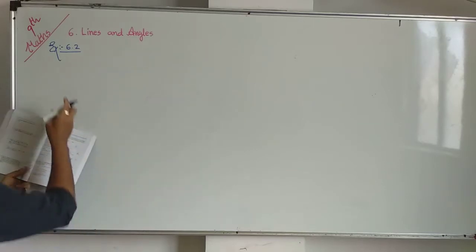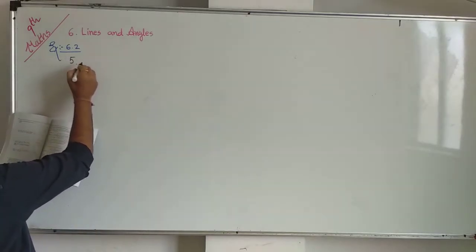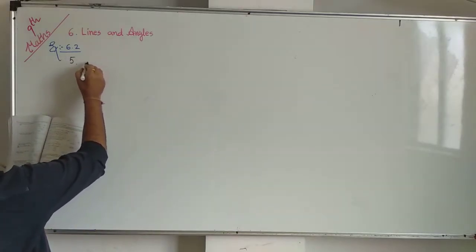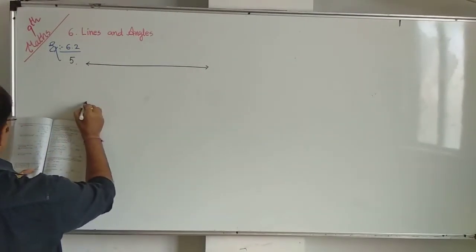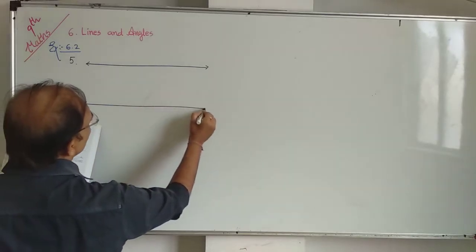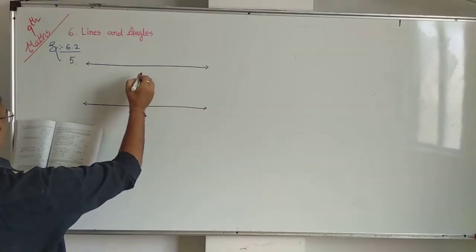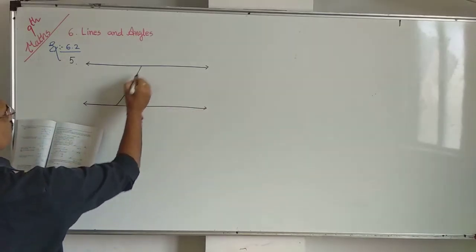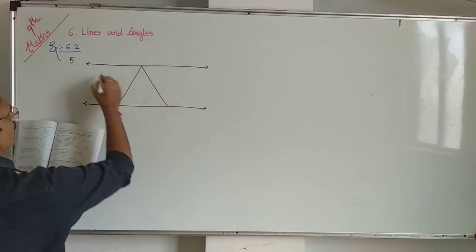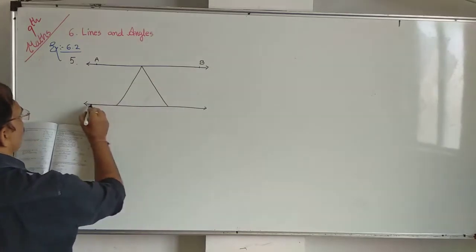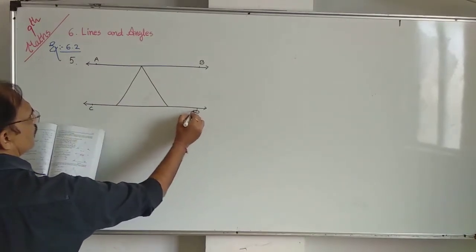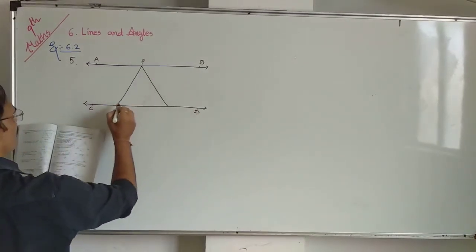A figure is given. Line AB, line CD, a triangle is there. Name it triangle PQR.